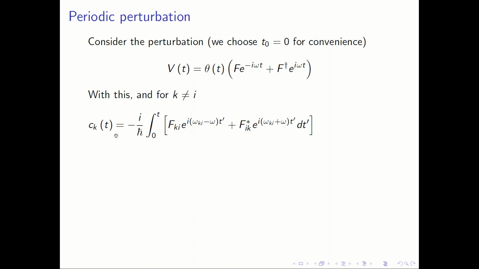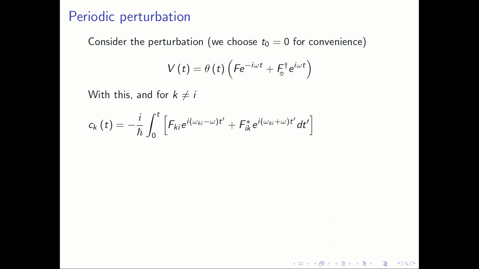So if you just wrote down the integral that was there in the last slide, you are going to get minus i by h cross, integral from t0 to t, of course 0 to t in this case, F_ki coming from here, e to the i omega_ki t' into e to the minus i omega t'. So, okay, there's a typo here, the bracket should have ended here, the dt' should have been multiplying the whole thing. But this is F_ki e to the i (omega_ki minus omega) t' plus F star_ik.